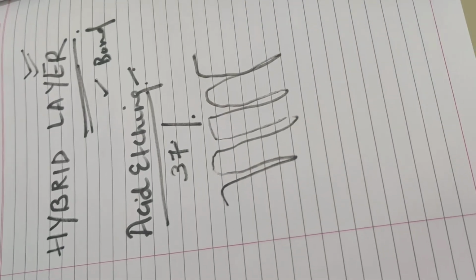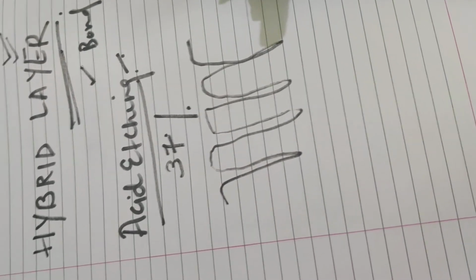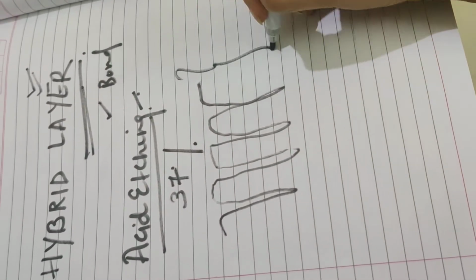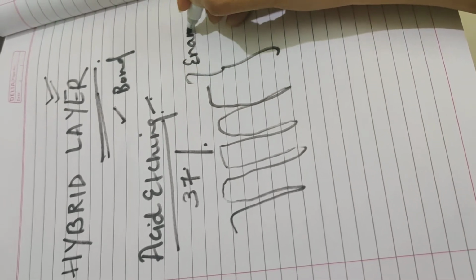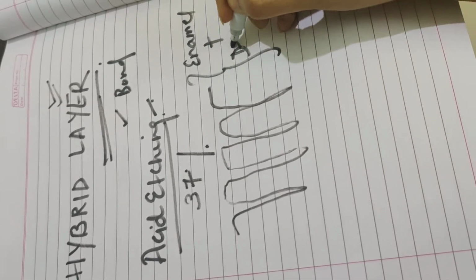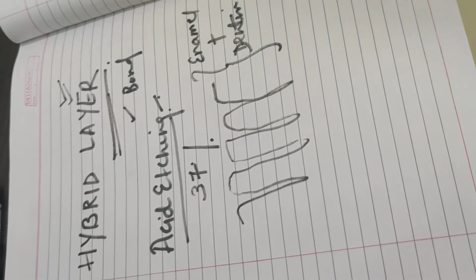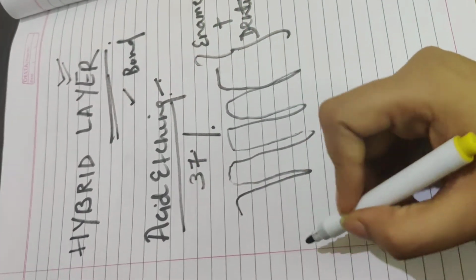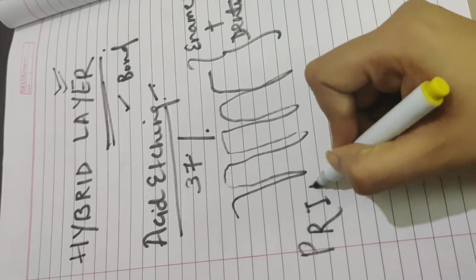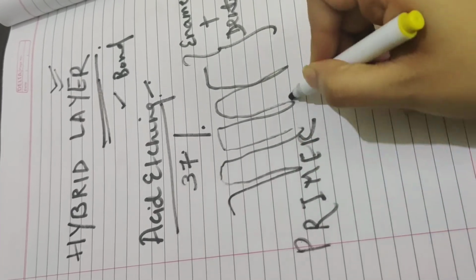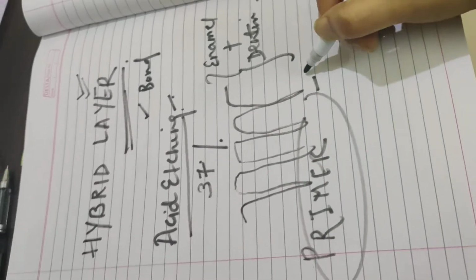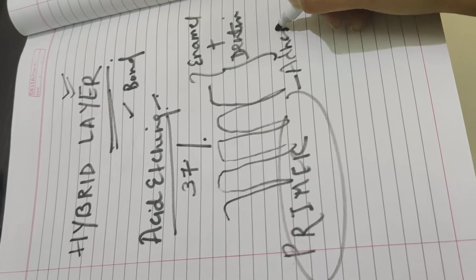Now, once we have micro porosity or roughness on the substrate, where the substrate is basically the enamel and the dentine, we apply the primer to this surface. What is primer? Primer is nothing but an adhesion promoter.